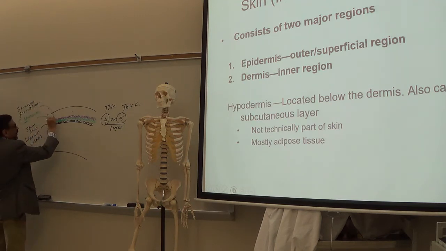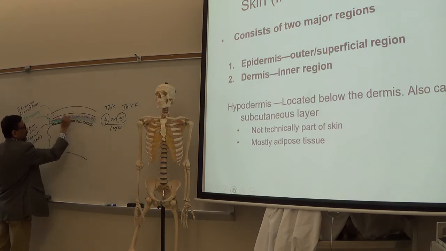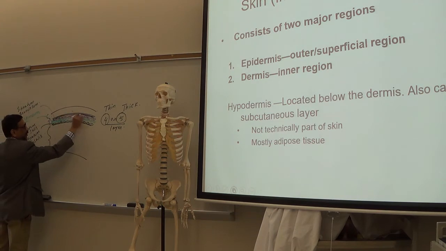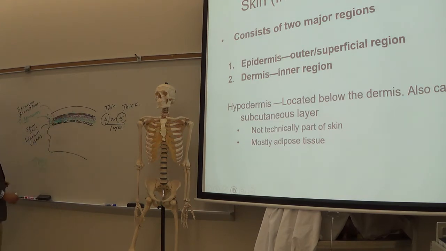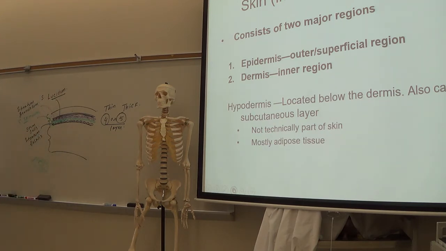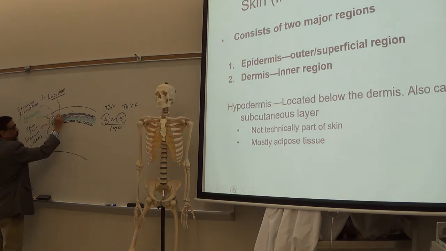Then there is a thin layer, and it is a transparent layer, like a glass, also called glassy layer. This is called stratum lucidum. Lucidum means glass. Then the outermost layer is thick, and this is formed by squamous cells.